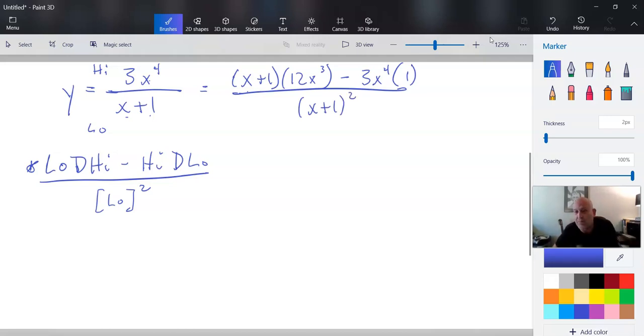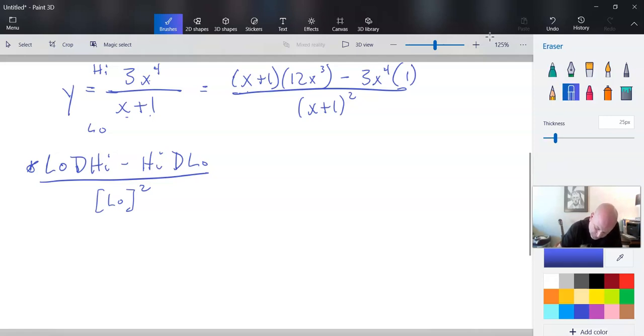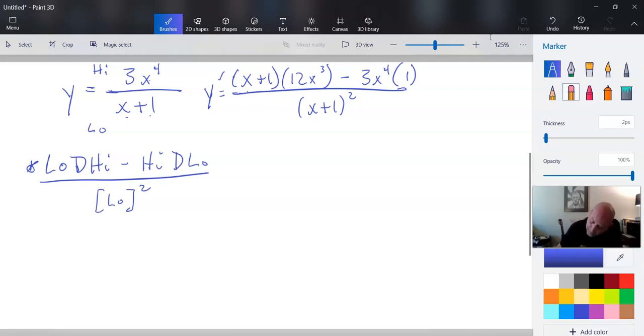Okay, now it's just a matter of simplifying. So if I multiply this part out, oh, this wrote the equals in the wrong spot. There we go. All right.